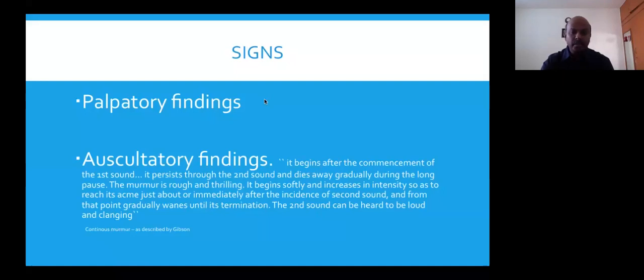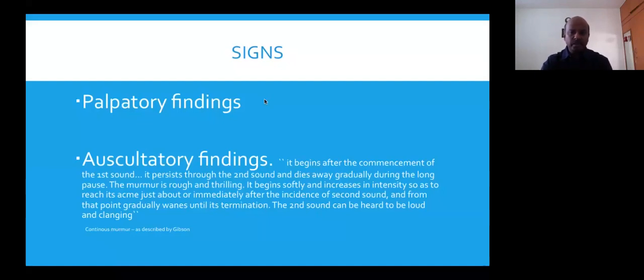The second sound can be heard to be loud and clanging. Now, this is important. The second sound quality can sometimes be the only factor which can indicate the presence of a patent ductus arteriosus.